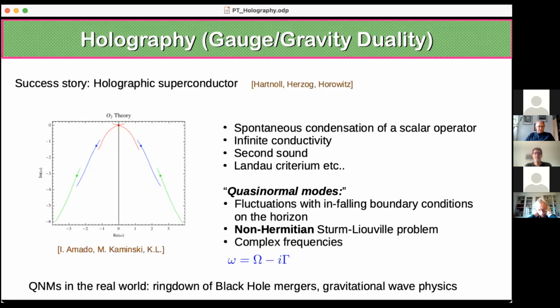And of course, in the real world, these quasi-normal modes are quite famous in real black hole physics and in gravitational wave physics, where they describe the late time ring down of black hole mergers. So just as a side remark.